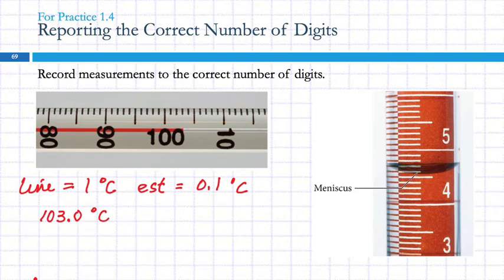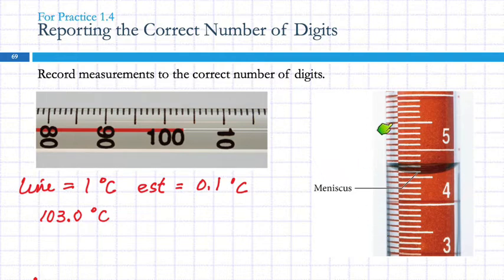If I just report 103, they're going to say, well, they were estimating the 3. They mean it's between 102 and 104. No, that's not at all what we meant. We meant it was between 103.0 and 103.1. That's much smaller, right? So we're going to estimate that next place. If it looks like it's right on the line, you put a 0 there. Otherwise, you do your best guess between the lines.